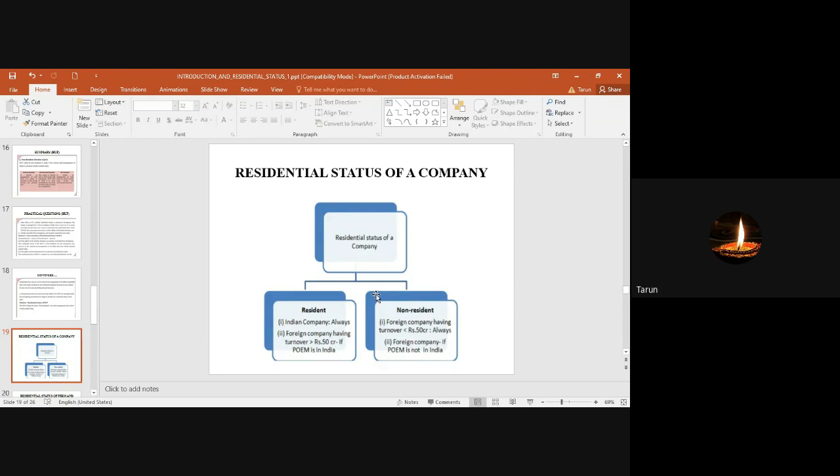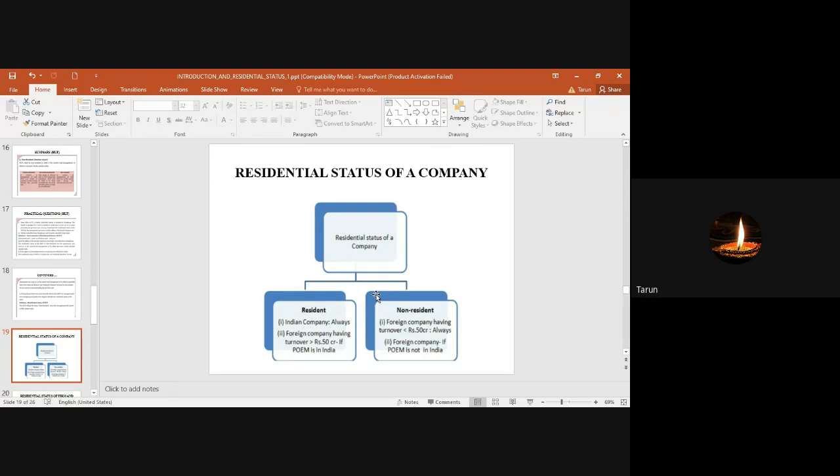Second is the foreign company. A foreign company having a turnover of more than 50 crores, where the place of effective management, its management and control of its affairs, is in India, can become a resident of India.